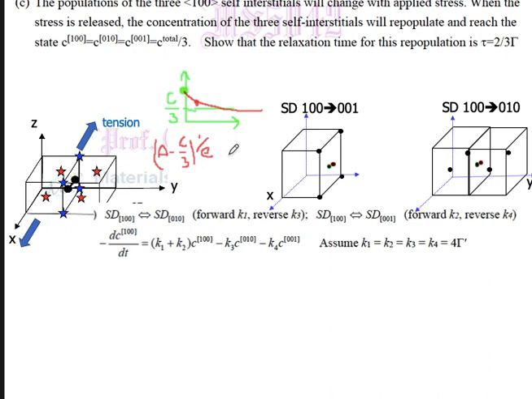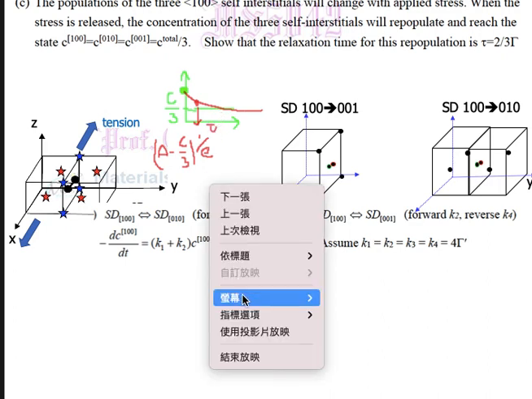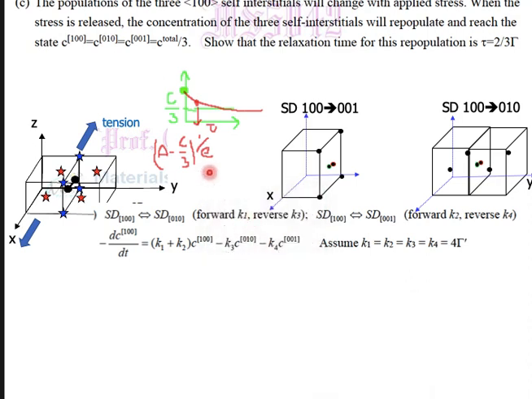When the concentration reaches this value, the time tau we call the relaxation time. So what's the relaxation time? When the concentration goes back to 1 over e of the original excess concentration, what's the time? This time we call the relaxation time.